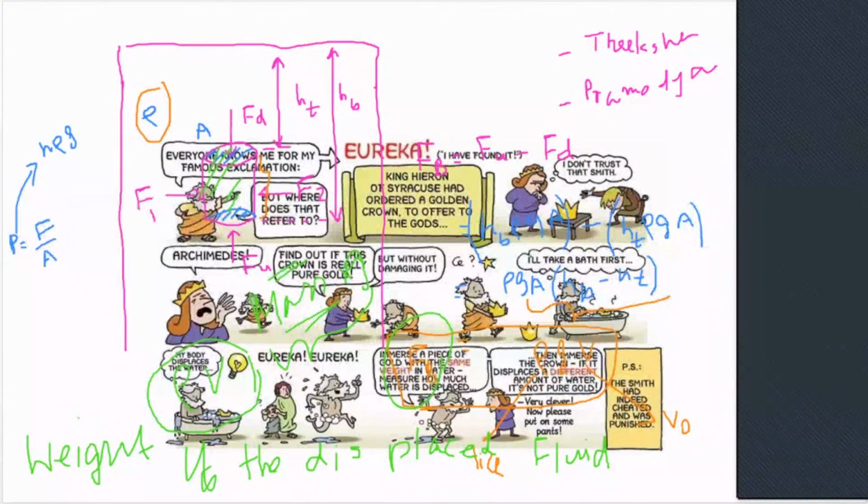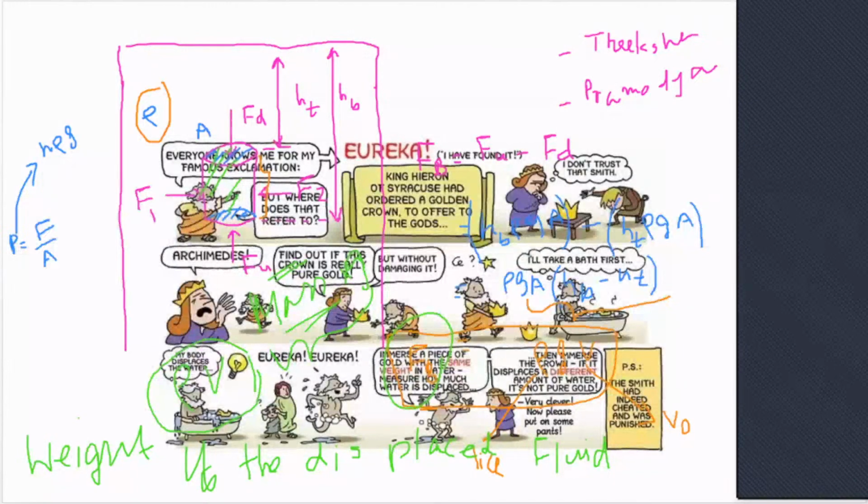Because he found that answer. The volume is V rho G. Then the weight of the displaced fluid should be equal to the buoyant force.